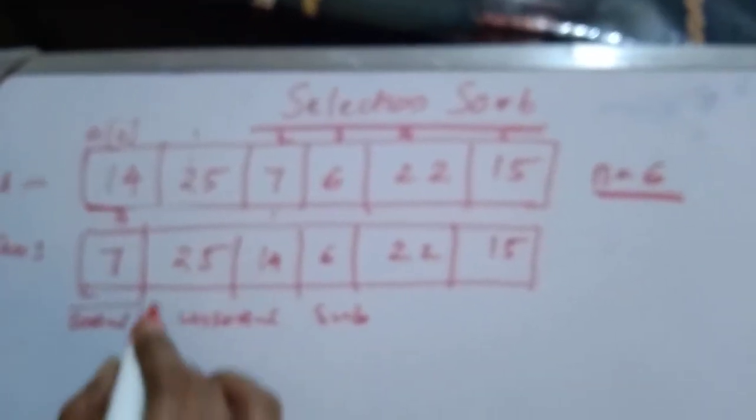Then in the next case, this is our sorted subarray and this is the unsorted subarray. We leave this portion and consider all the rest, from index 1 to 5.